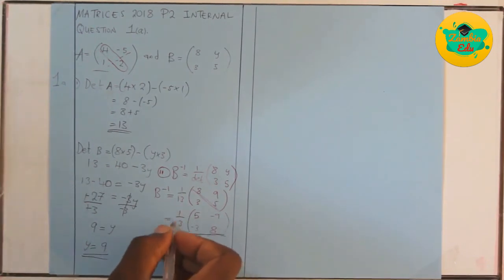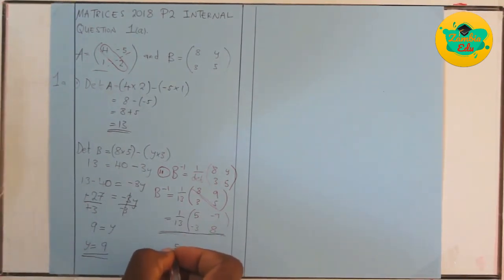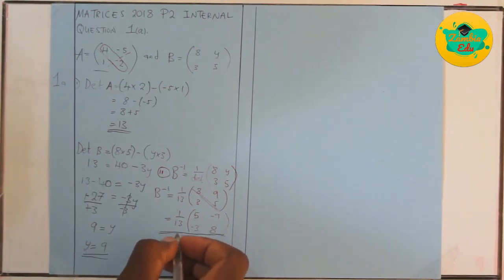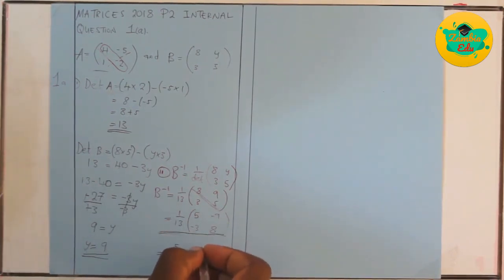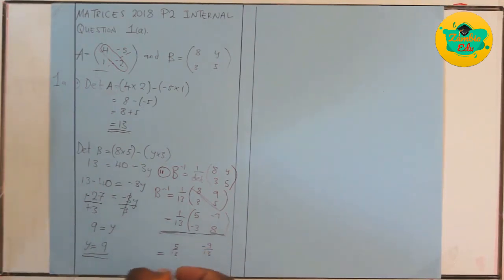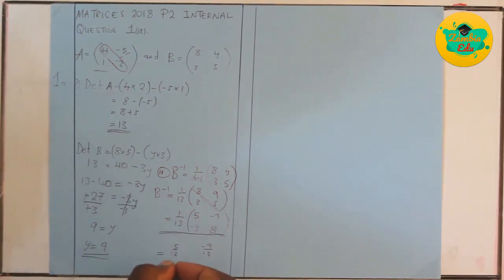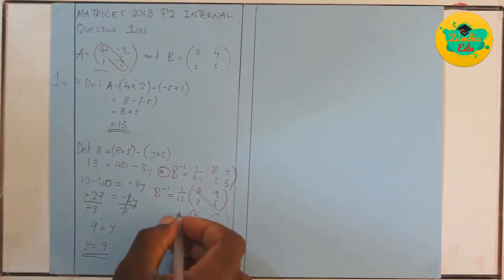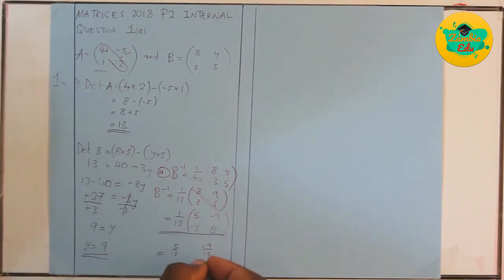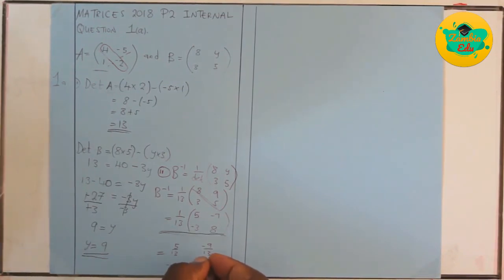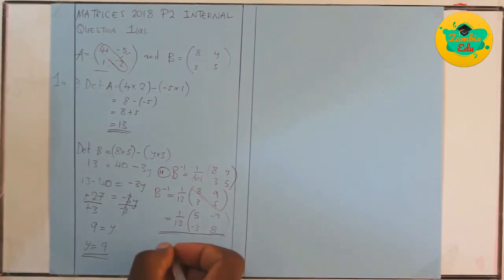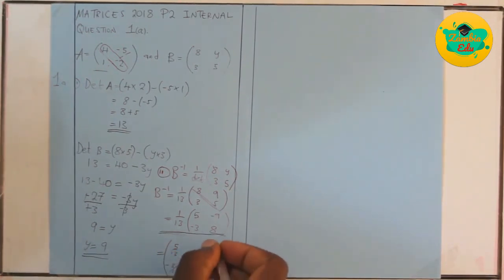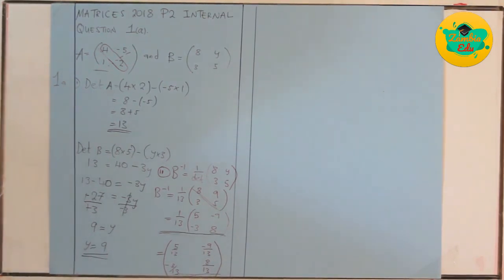You can multiply 1 over 3 times 5, it will give you 5 over 1 over 3. 1 over 3 times negative 9 will give you negative 9 over 1 over 3. 1 over 3 times that will give you 3 over 1 over 3, and 1 over 3 times 8 will give you 8 over 1 over 3. Done. That can also be your conclusion.